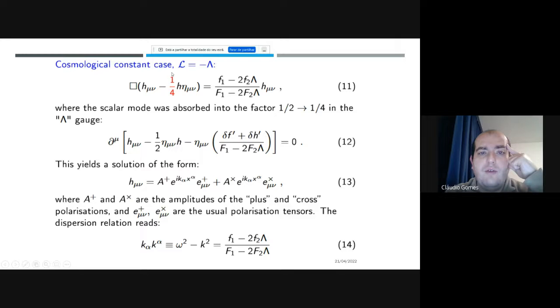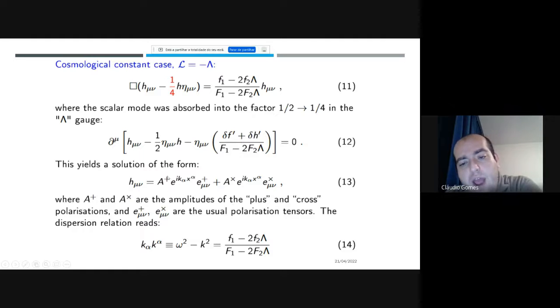Now we have a 1/4 factor here instead of 1/2. And this is due to the so-called lambda gauge that we introduce. We resort to this lambda gauge, which was used in the work of Vastecker when looking into the role of a cosmological constant in general relativity. So we used this lambda gauge, and this yields a solution of the form.